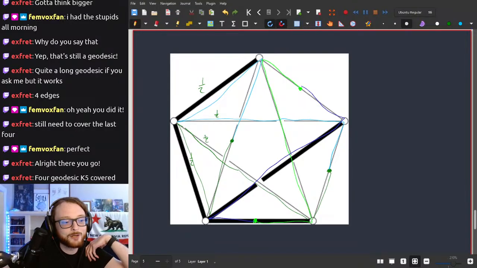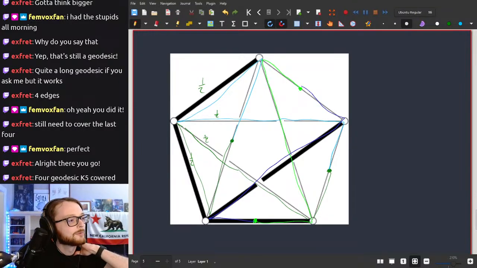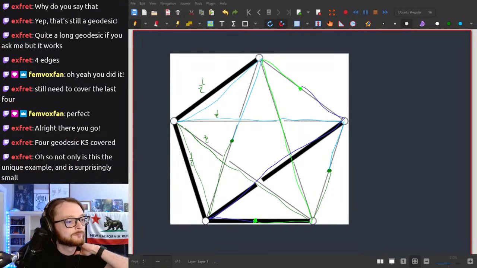I've never heard of a metric graph where you can stop halfway through. Kind of wild. Oh, this is a unique example and surprisingly small.